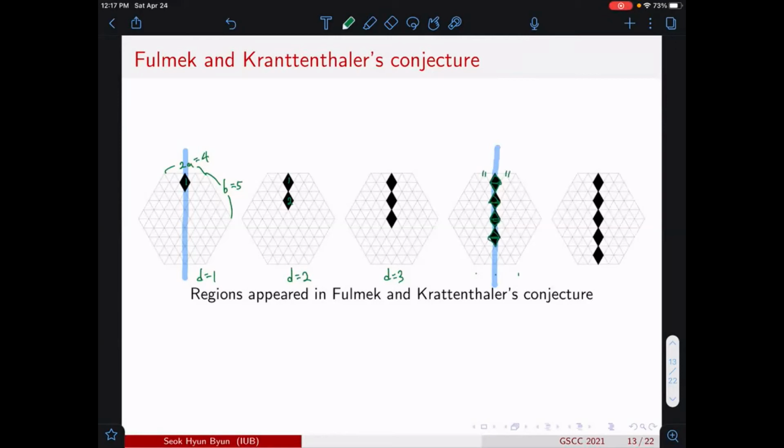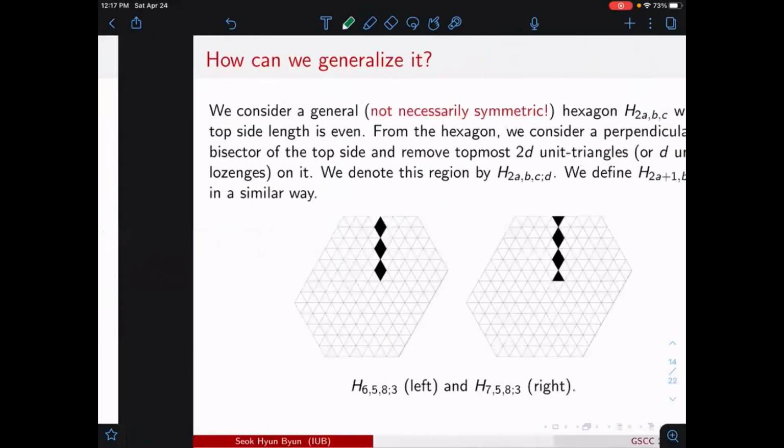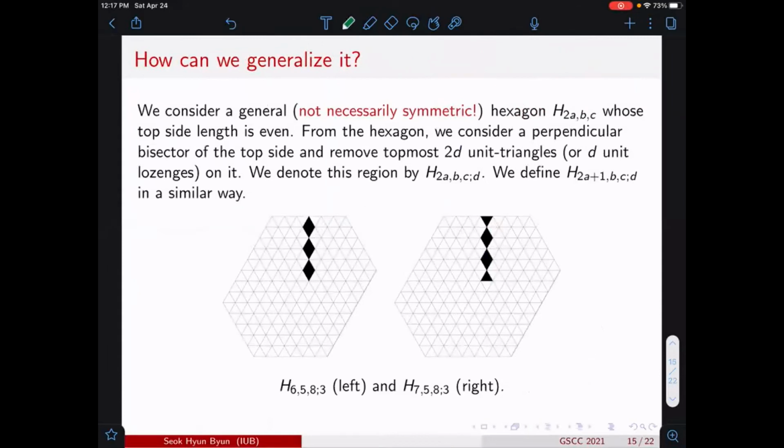Keeping this in mind, what one can try is to consider a more general region with the same removal. So here are the regions that I care about. This is not symmetric; this is a general hexagon which does not have any symmetry, right? But what one can do is consider the perpendicular bisector of the top side, so they have the same length, right? And then I remove several unit triangles, but an even number of unit triangles.